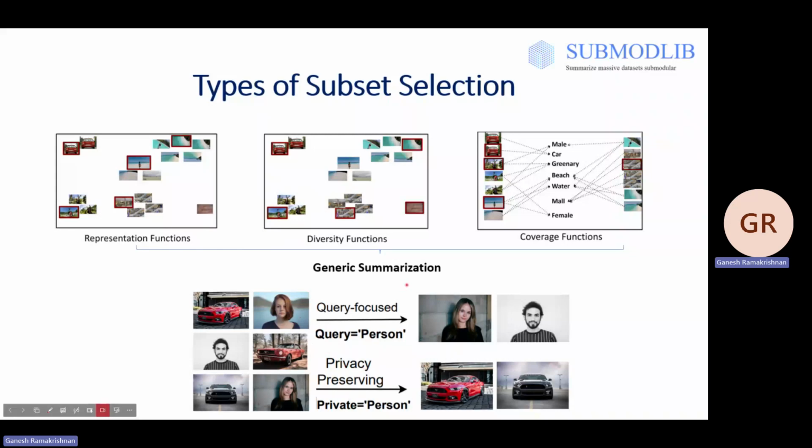What is also more powerful is, given a query first, ensuring that the subset that is selected is query driven.